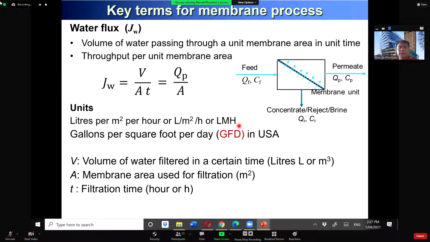So you can use different units, but the SI-based unit we use is LMH. So V will be in meter cube or liter, membrane area in terms of meter square, and T in terms of hour. Actually, LMH is not really the SI unit, of course, because of liters, but it can be expressed in meter cube per meter square per hour in terms of SI units.